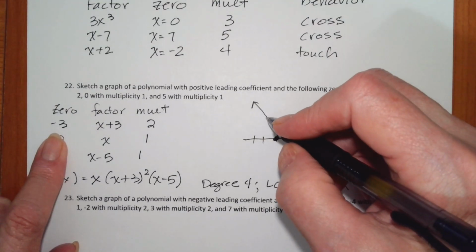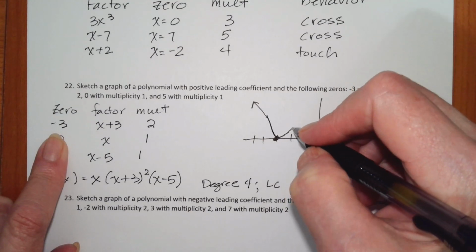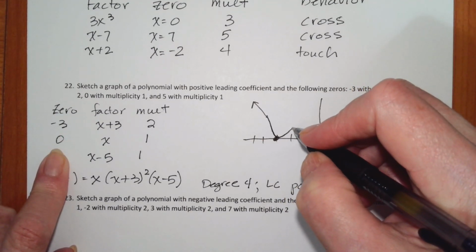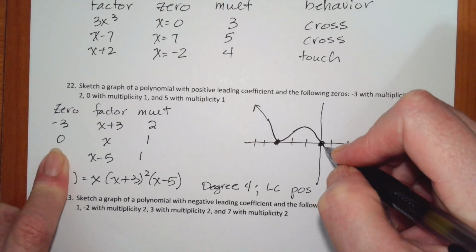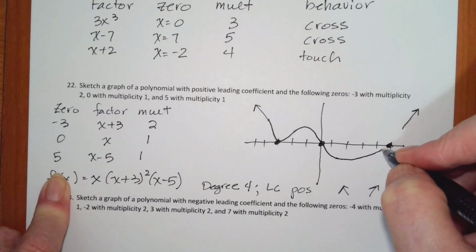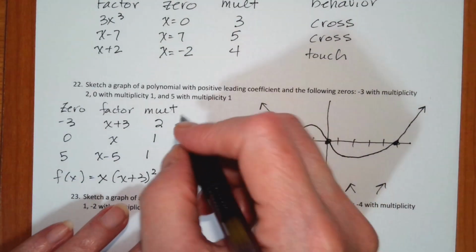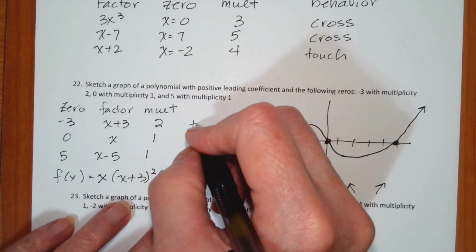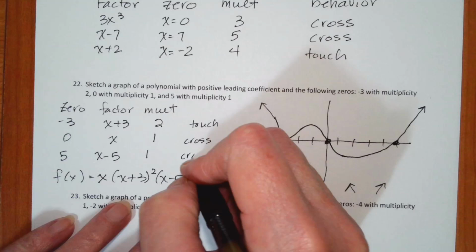Okay, so at -3, it touches. So it bounces and turns around and goes back up. At 0, it crosses. And at 5, it crosses. So I should put on here, touch, cross, cross.